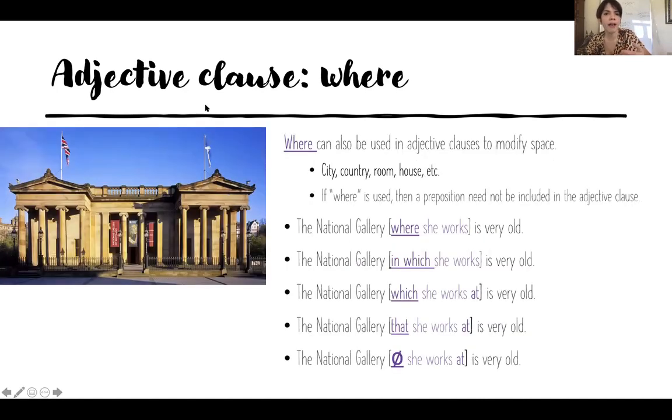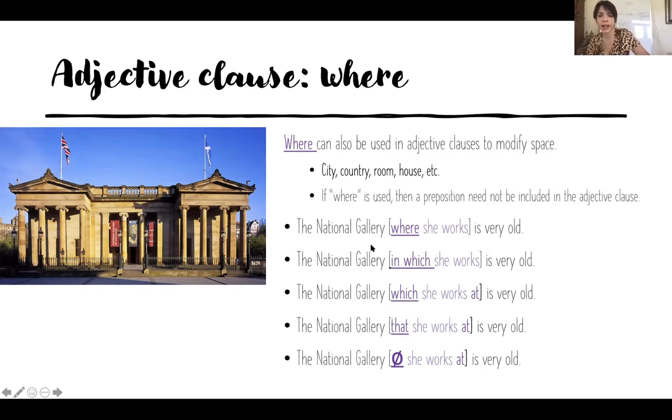And we also have adjective clause pronouns like where. So where describes a place like a city, country, room, house, whatever. So if where is used, then a preposition doesn't need to be included. In fact, if it is included, it's not grammatical. So where is used, a preposition is not used in the adjective clause.